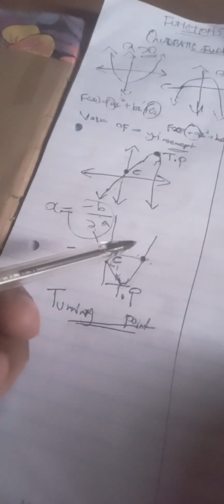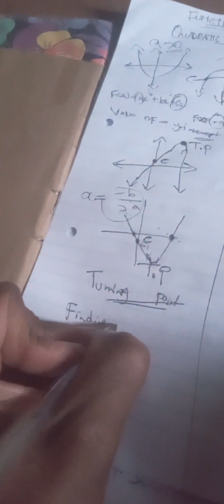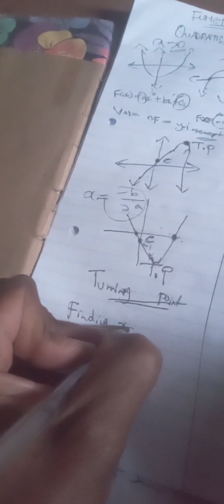I've already said that c is our y-intercept, right? So now I need to find the two x-intercepts of our graph. What do I do? No problem, guys.